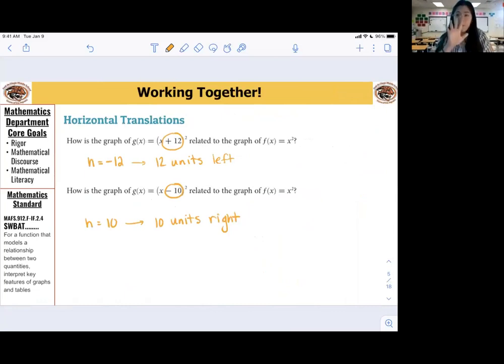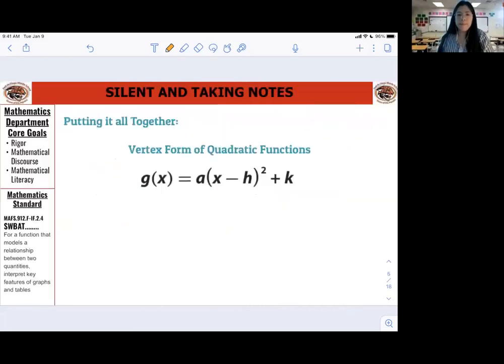So we have those 5 types of transformations, and so far we've been looking at them all separately. But now we're going to see what happens when we put them all together. So this is called vertex form. Vertex form is a way to write a quadratic function.